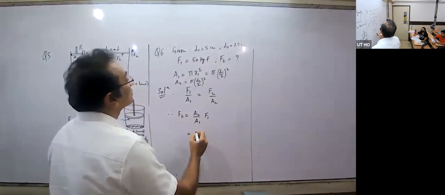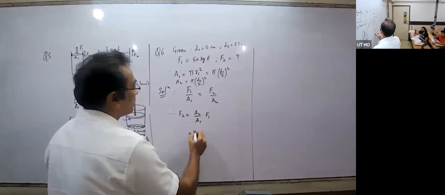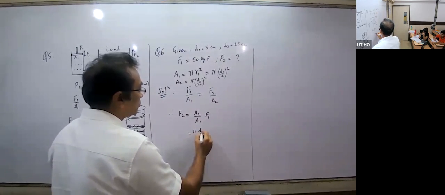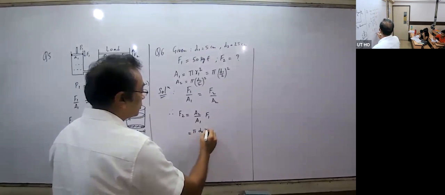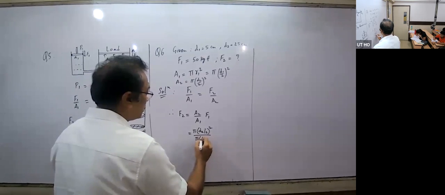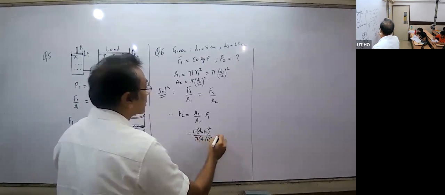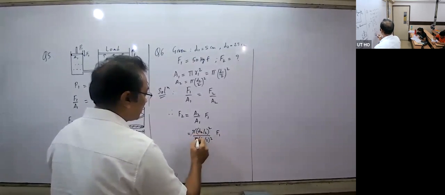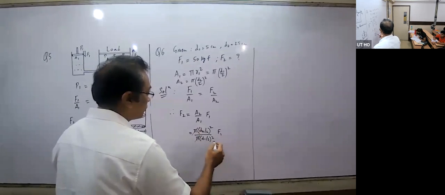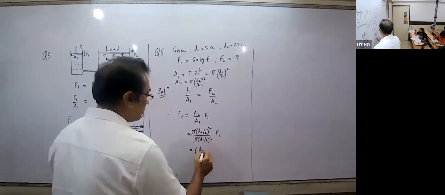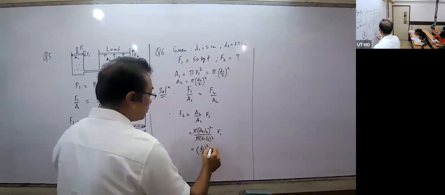So what is A2 now? A2 is pi times D2 by 2 whole square, divided by pi times D1 by 2 whole square, into F1. So pi cancels, and the 2 square, 4, will also cancel. What you will be left with is D2 by D1 whole square.